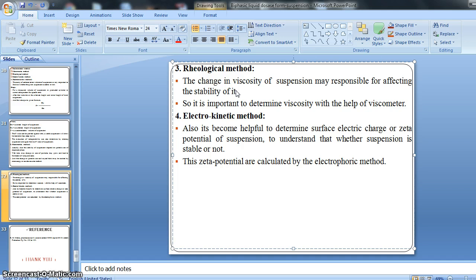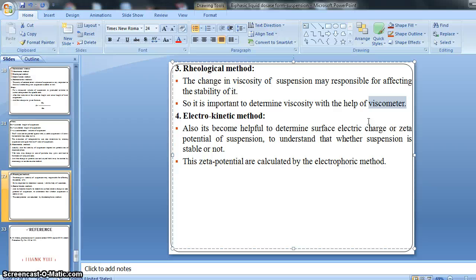So the determination of viscosity is very important in order to determine whether it is stable or not. It is important to determine the viscosity with the help of a viscometer. The viscometer is an apparatus for testing the viscosity of our suspension, which falls under the rheological method.